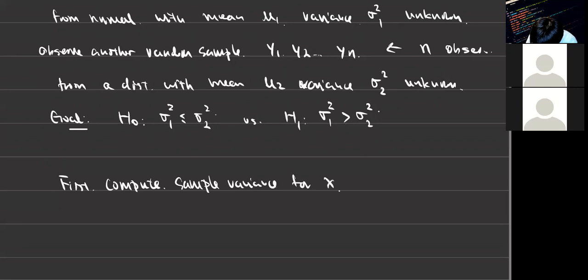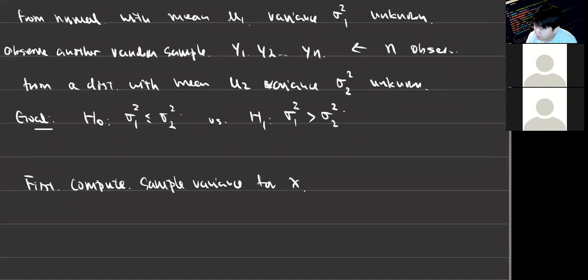for X, and we're going to use the notation S of X to be the sample variance. I'll just write it out. So S of X is something like the summation of xi minus x bar, something like that.